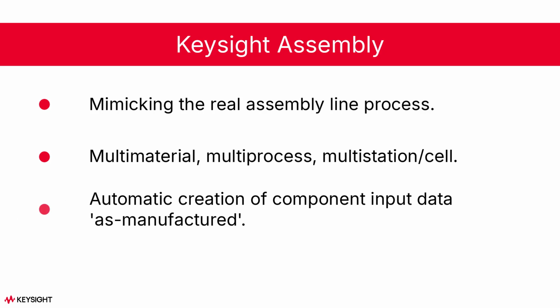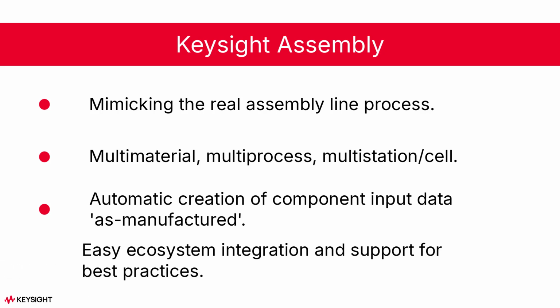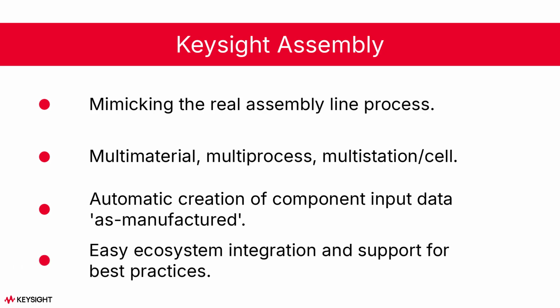Keysight Assembly also includes a dedicated module that generates realistic as-manufactured, stamped components, complete with distortions but still within tolerance, using only the nominal CAD model. No stamping expertise required. Developed closely with major automotive partners, the product integrates seamlessly into existing ecosystems and workflows, allowing you to embed and reuse your proven best practices.